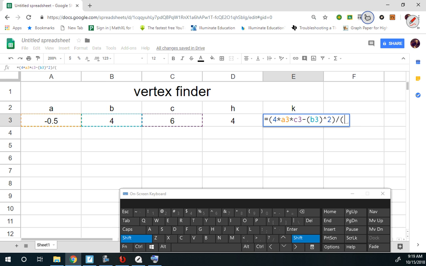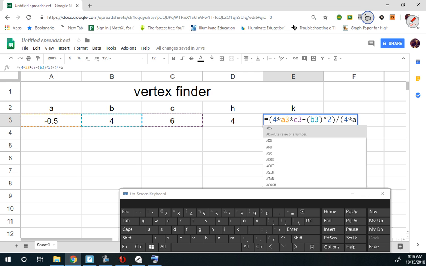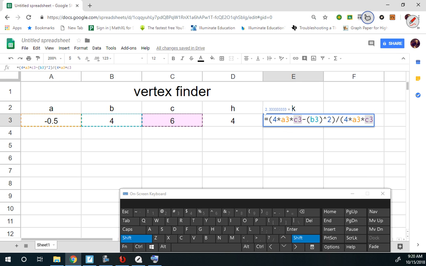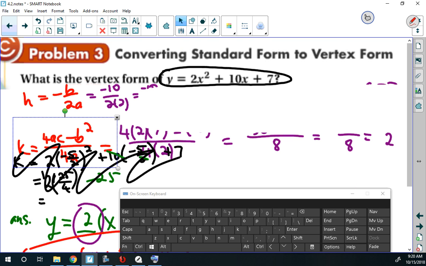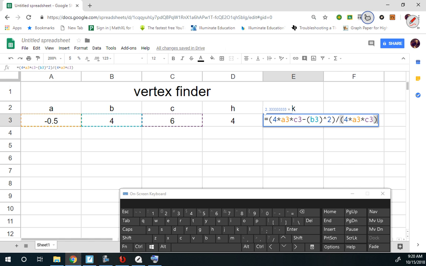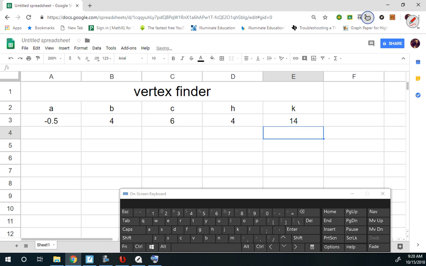That's all divided by my denominator, which is 4 times A3. And if all is right, this should end up equaling 4AC minus B squared all over 4A. I don't need the C there. Enter. Oh, that's it.